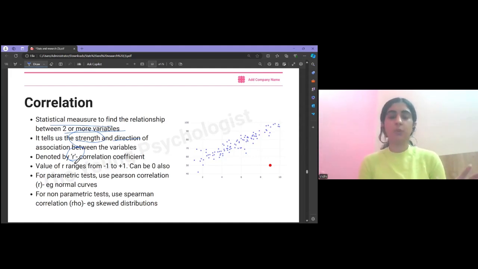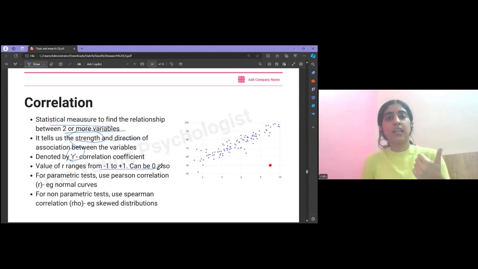But for now, it is important to know that the value of the correlation coefficient can only range from -1 to +1. All the values between -1 and +1 can be taken by the correlation coefficient, also 0 being one of them, because 0 comes between -1 and +1. We will understand how to interpret this value in the upcoming slides.